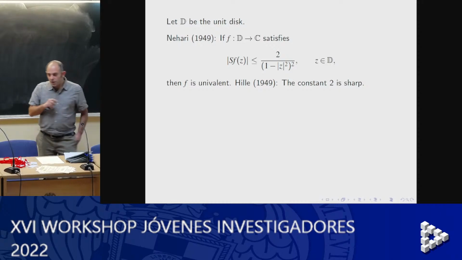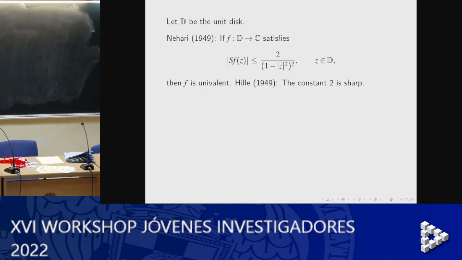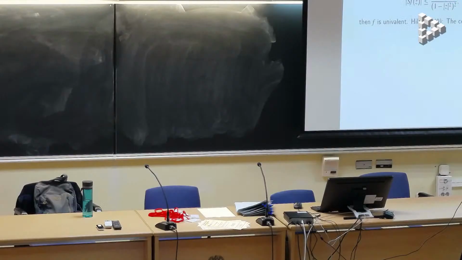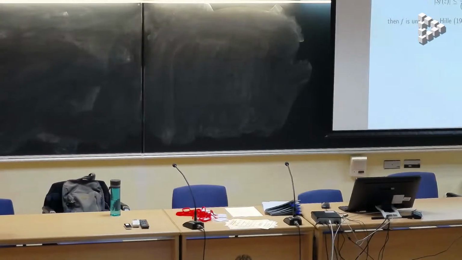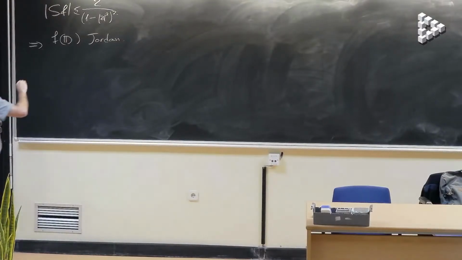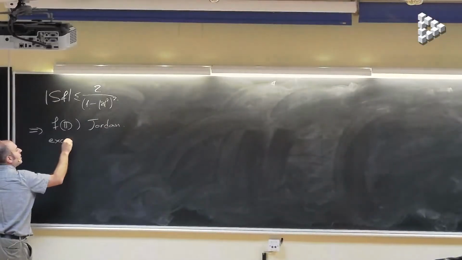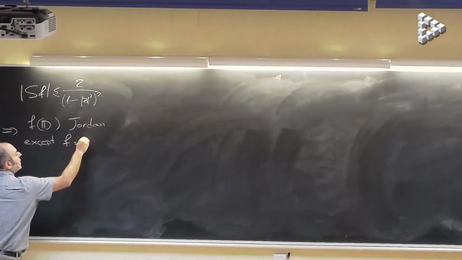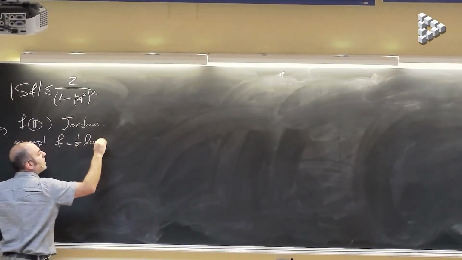Now there's one more thing that I would like to say. I'll write something for this theorem. Under the same hypothesis, Gehring and Pommerenke showed that the image is a Jordan domain except for one case. Except for the case of the logarithm.